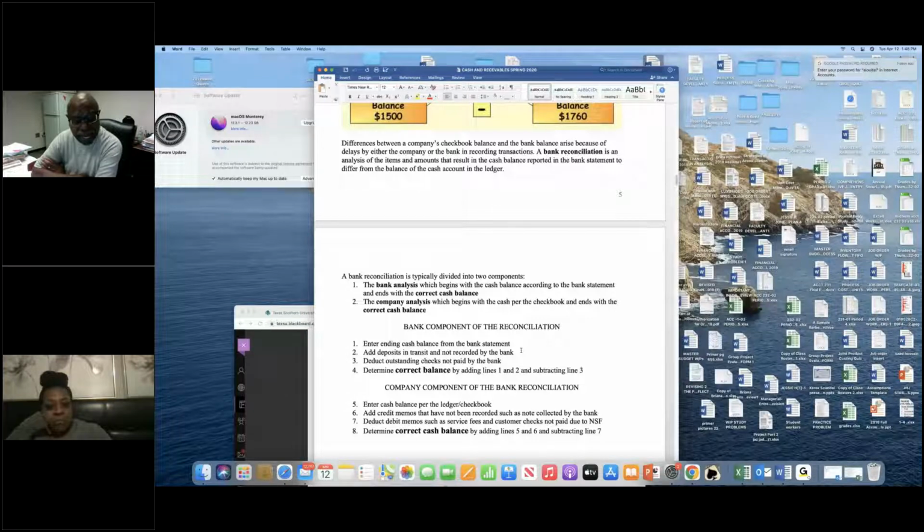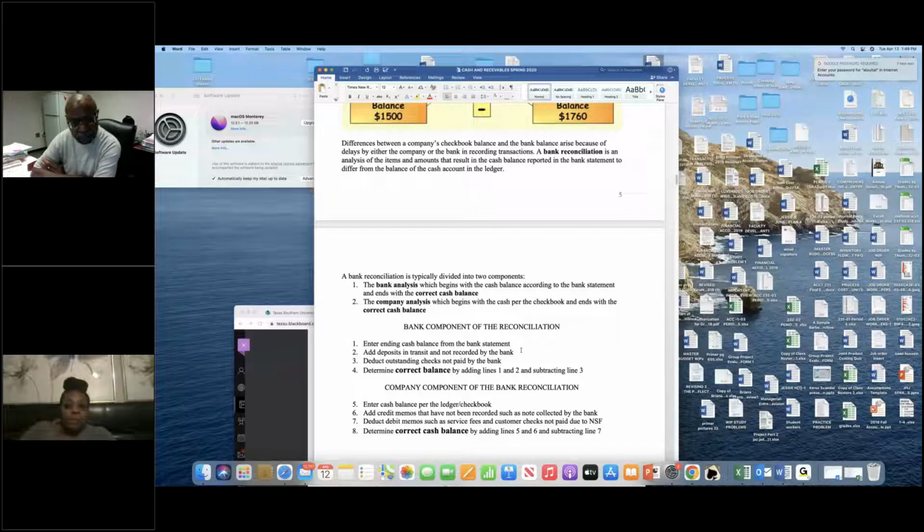We have the bank analysis where we look at what the bank has done, then we look at the company analysis. With the bank component, we start with the balance on the bank statement. Then we add deposits in transit the bank doesn't have, and deduct outstanding checks to come up with a correct balance.